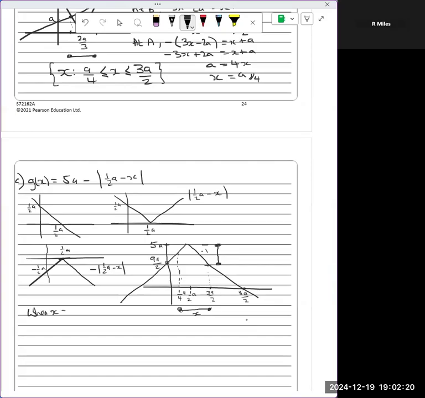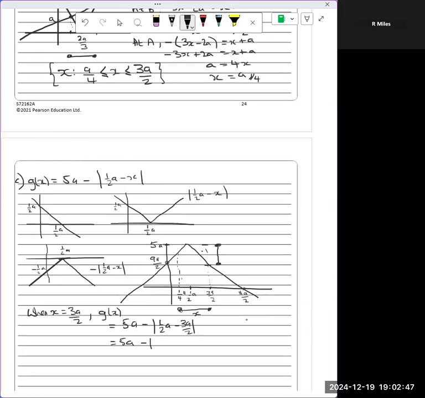So when x is 3a over 2, g of x is 5a minus the modulus of a half a minus x, which is 3a over 2, which is 5a minus, and then a half minus 1.5 is -1.